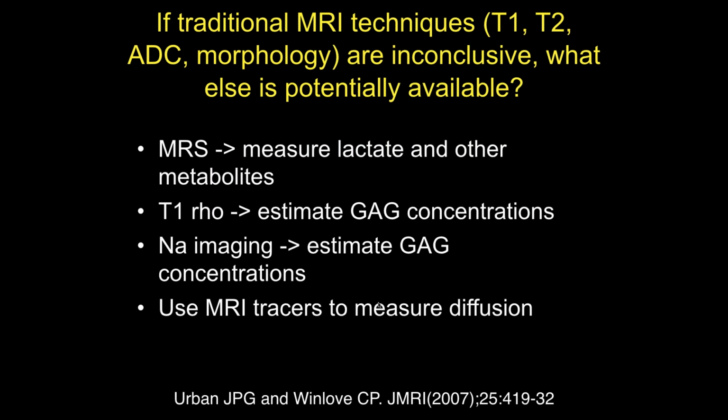Some people use different tracers to measure diffusion, but now you can do diffusion fairly well using MR, though that hasn't really panned out to be all that useful in disc disease. Possibly in the nerves of the lumbar spine. The recent paper I showed you from Radiographics looks at ways to do diffusion imaging to evaluate the function of nerves, and that may have potential. But you can see none of these are new. These were discussed back in 2007.